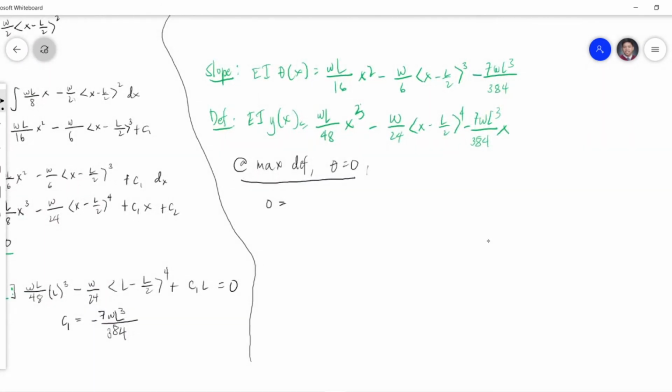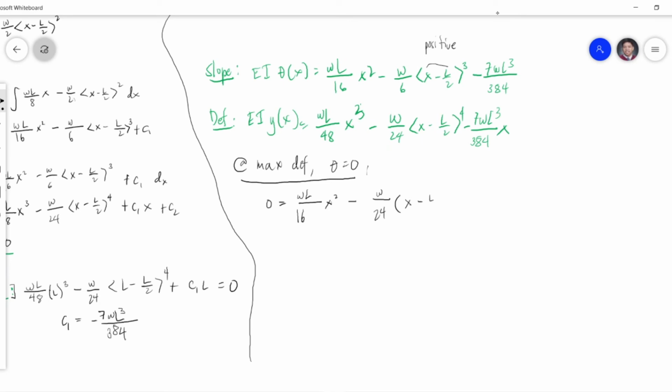Now we have 0 equals omega L over 16 x squared minus, since yung assumption natin ng maximum deflection natin is lampas siya ng L over 2, lampas ng midspan, ibig sabihin itong term na ito, this is always positive. So pwede na nating i-kopya na lang yung loob and change it to normal parenthesis na lang.